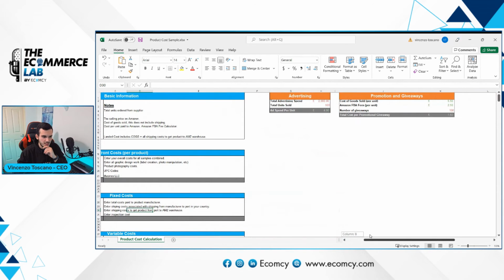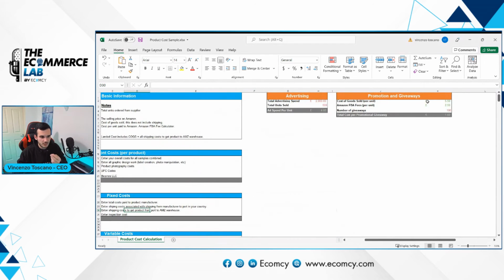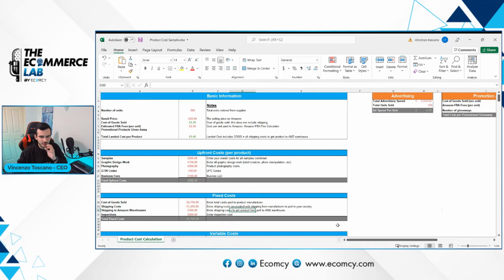This 160 is basically coming from the cost of goods and the Amazon FBA fees, right? And then that's where the 1.6 pound total cost of promotion is coming from, because we're assuming that we are just going to give 100 units away out of the 500 for the promotion.